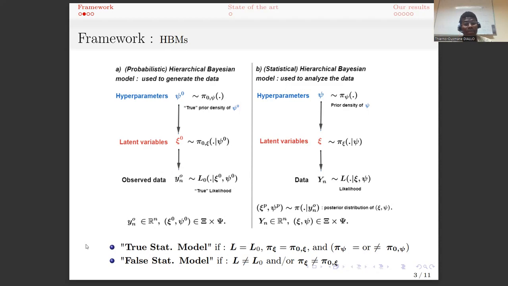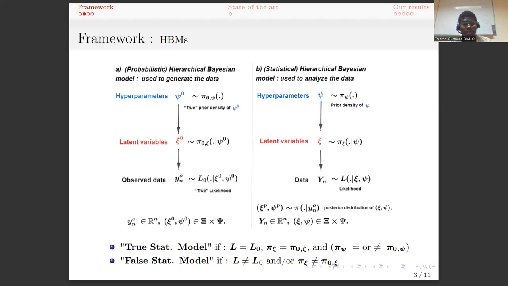We will use the term true statistical model if the likelihoods are equal, and if the prior densities of the latent variables are equal, and if the prior densities of the hyperparameters are equal or different.